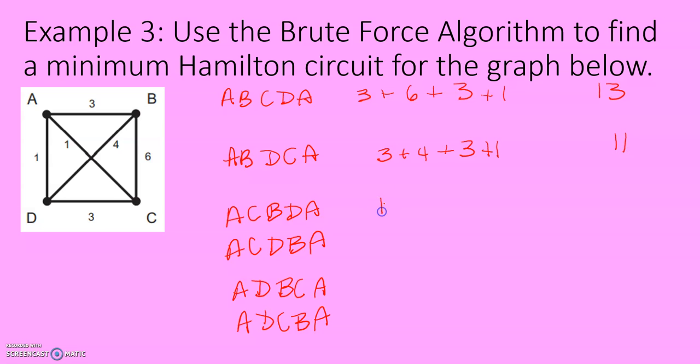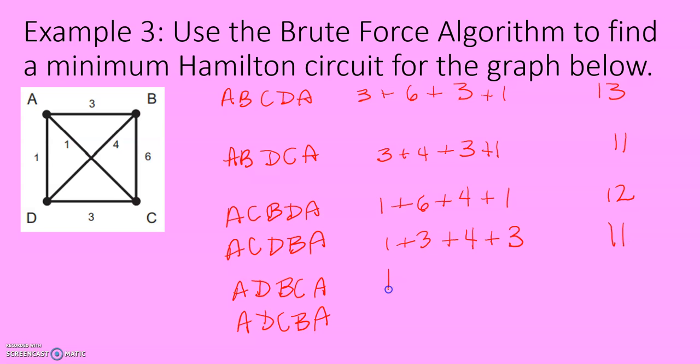A to C is 1, plus C to B, which is 6. B to D is 4. D to A is 1, a total of 12. A to C is 1, plus C to D is 3. D to B is 4. B to A is 3. Our total is 11.